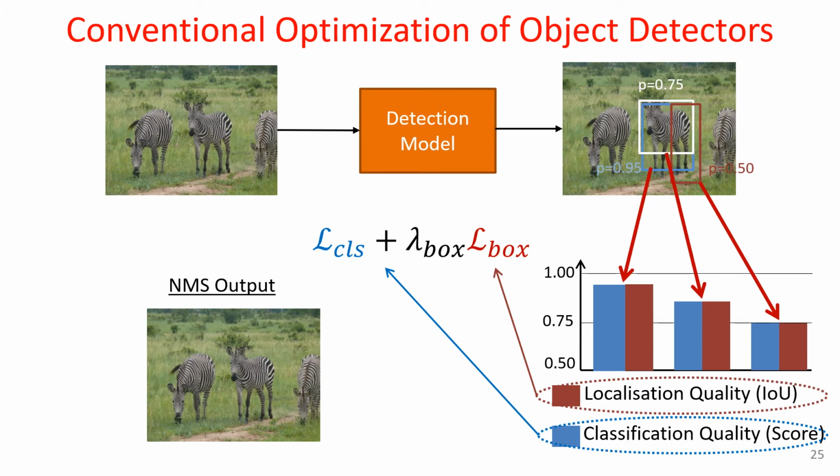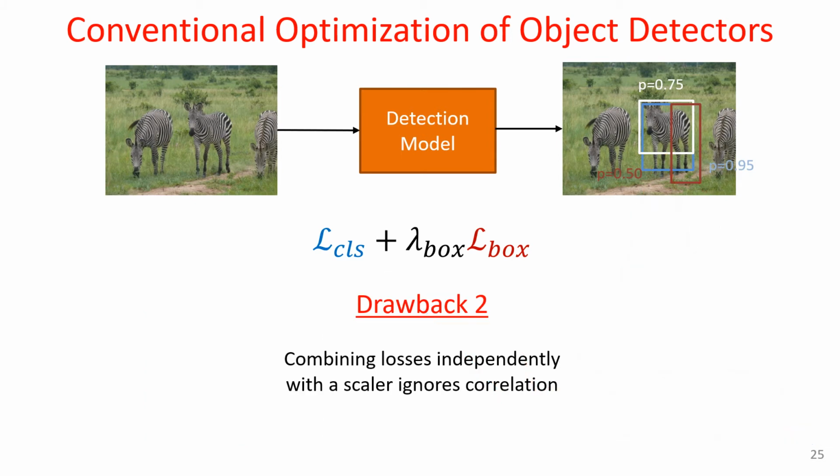If the confidence scores and IOUs of the predictions positively correlate, then non-maximum suppression will keep the one with the best localization, as shown in the NMS output in the bottom left image. On the other hand, if the correlation decreases, then NMS will end up with the one with the worst localization quality. Note that this loss formulation combines losses independently and ignores this correlation.